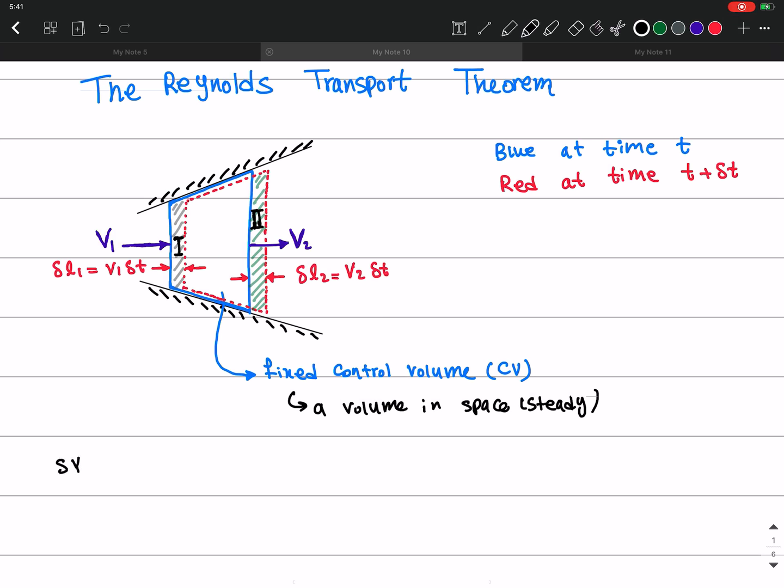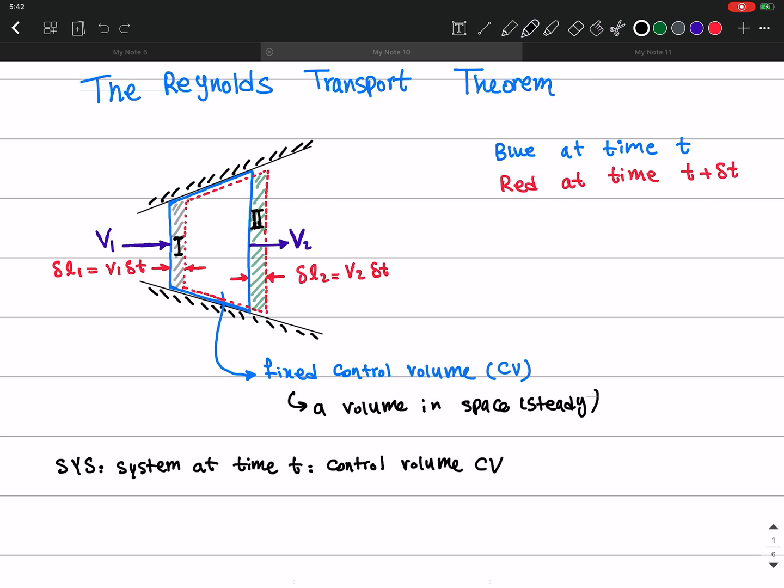So a system at time t is a control volume, CV, which is essentially this blue line that we have here, right?